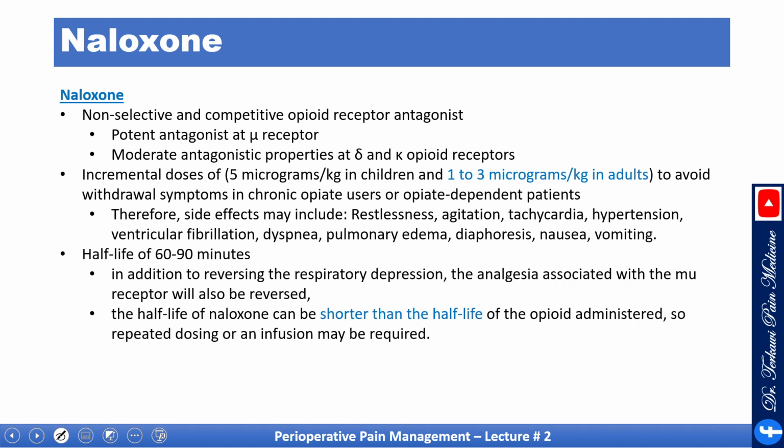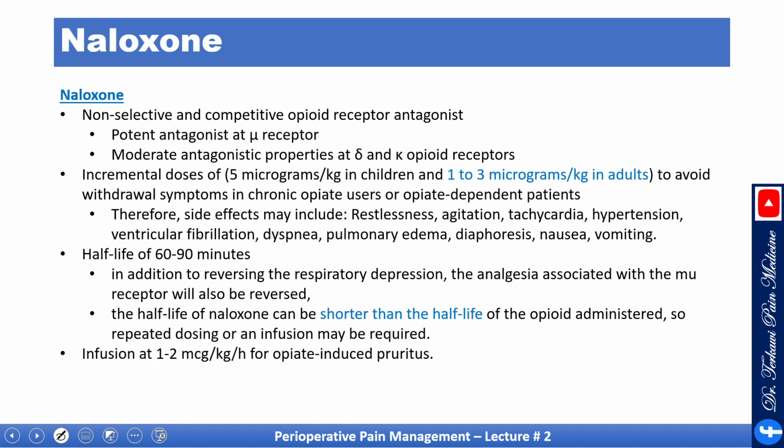Remember, the half-life is anywhere between 60 and 90 minutes. So if you have a longer-acting opioid, then you might run out of the effect of naloxone, and you need to think about that.